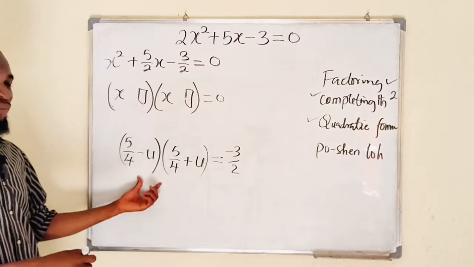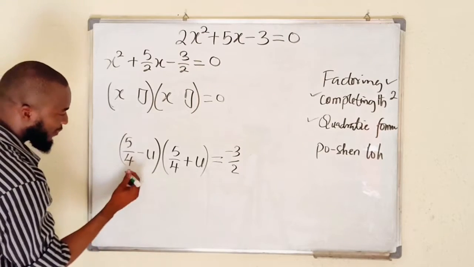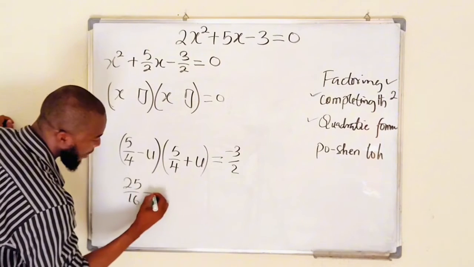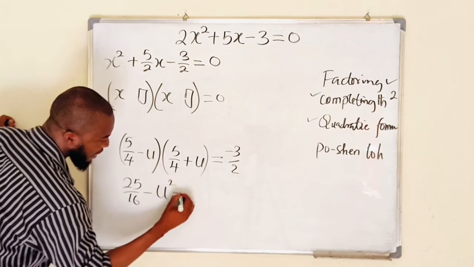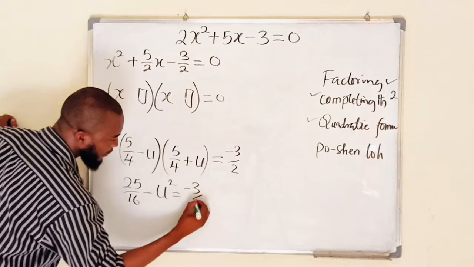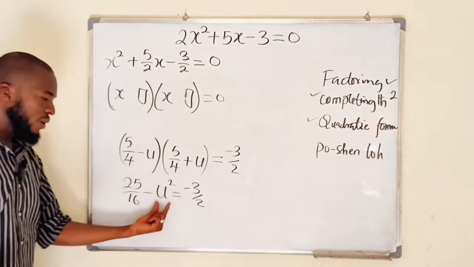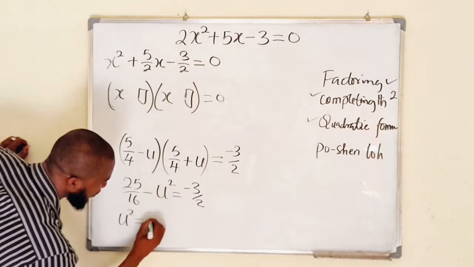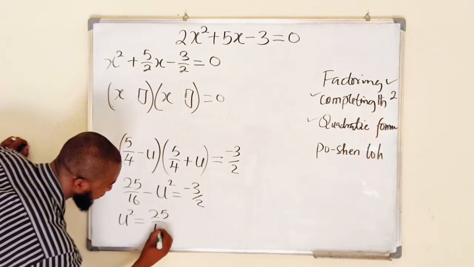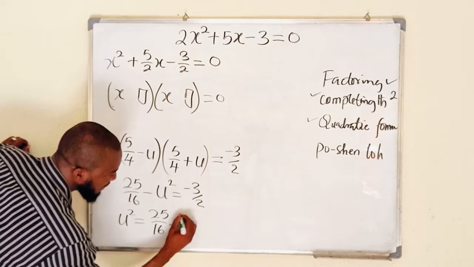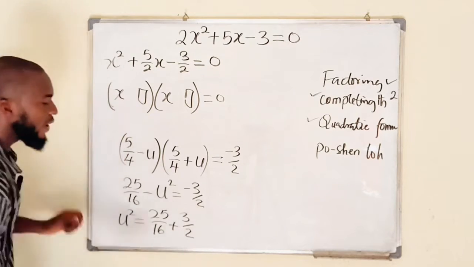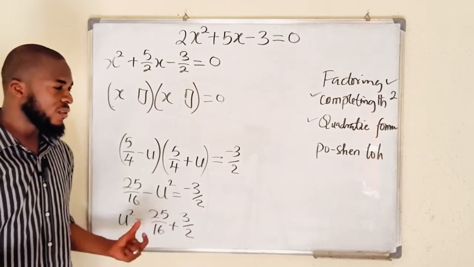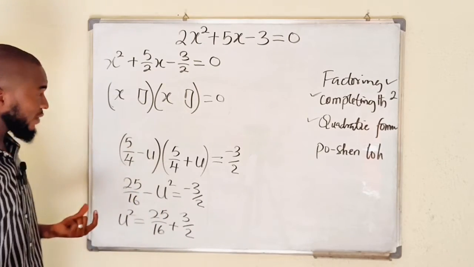This is already a difference of two squares. You square the first term, you get 25 over 16, minus the square of the second term, and this will remain negative 3 divided by 2. Bring this one to the other side, it becomes u squared equal to 25 over 16 plus 3 over 2 as it crosses over. I think I have simplified this previously, which is 49 divided by 16.